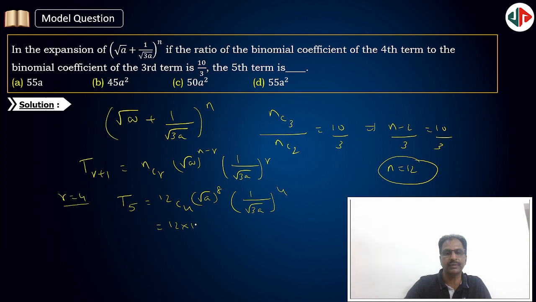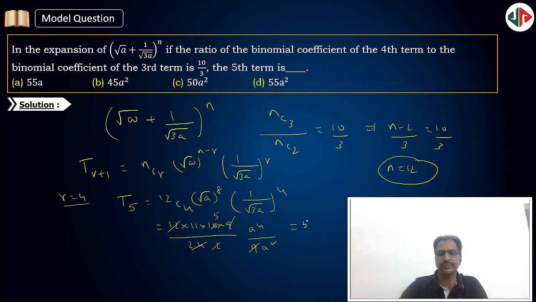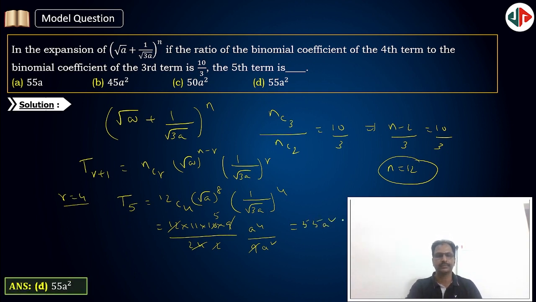Find 12C4: 12 into 11 into 10 into 9 by 24. (Root a)^8 is a^4, by (root 3)^4 which is 9. (Root a)^4 will be a squared. If we simplify this, 9 gets cancelled, 12 two times, 2 five times. So what you get is 55 a squared. Option D.